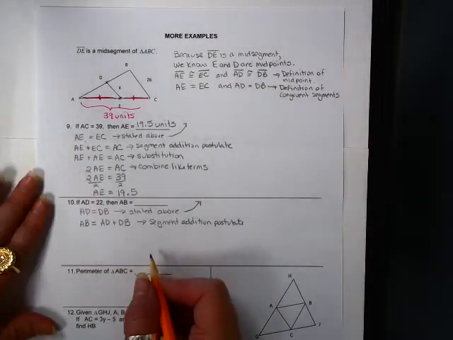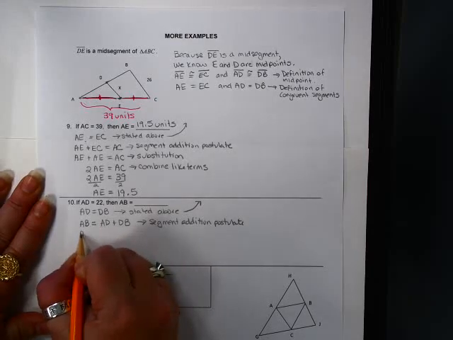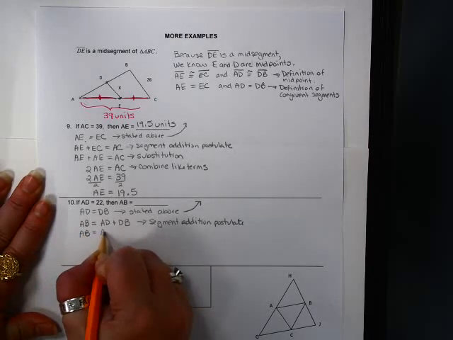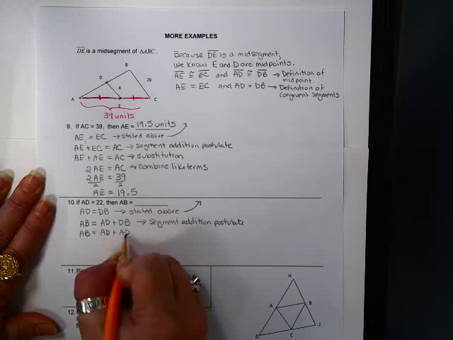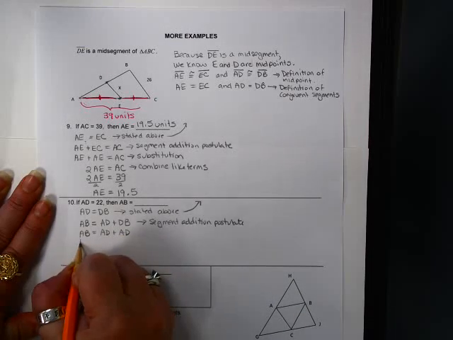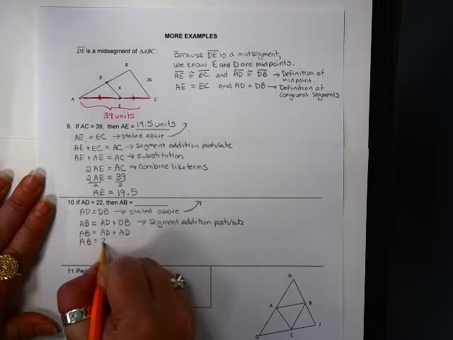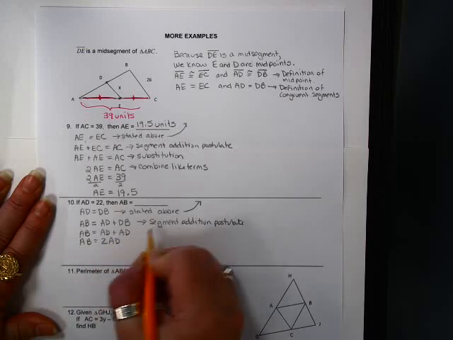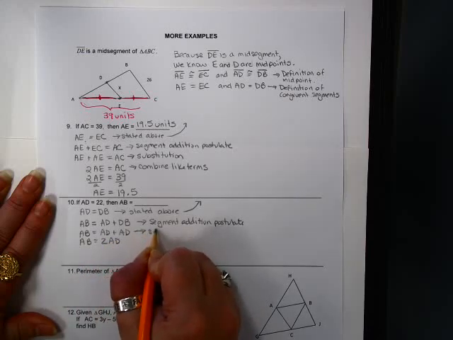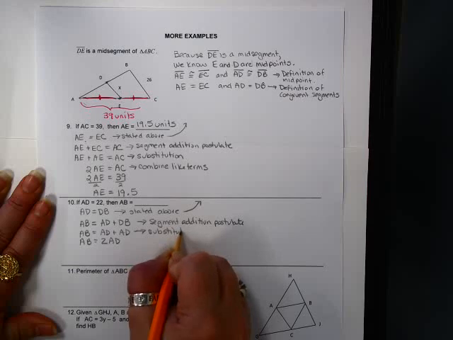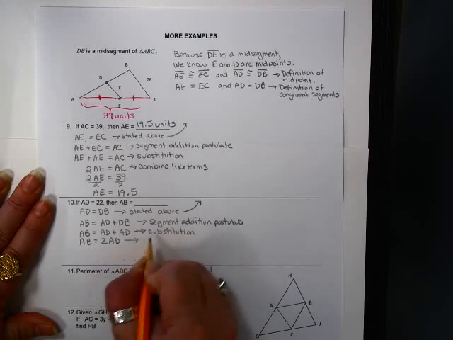Now substitute in what you know: AB is equal to AD plus AD, which is AB equals 2AD. This one was substitution, and this one was combining like terms.